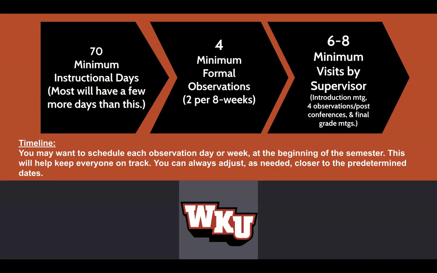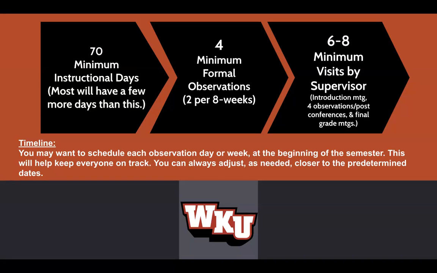So that means you probably have anywhere from 6 to 8 visits to the school, because you've got that introductory meeting where you meet with the mentor teacher and the student teacher together, just to make a plan for the semester and all of that. And then you have the 4 observation times that you go. Most people do a post-conference right after the observation.